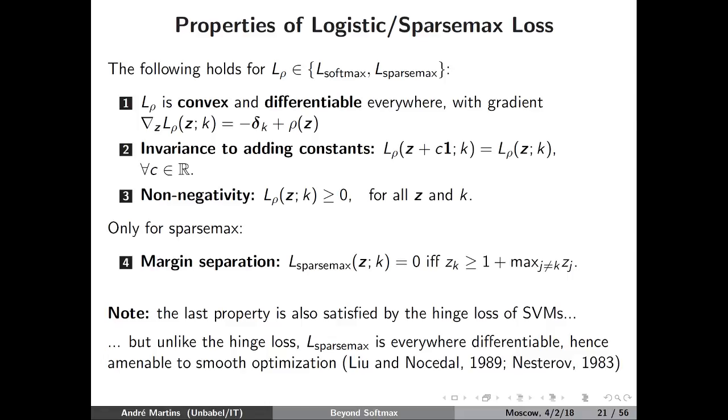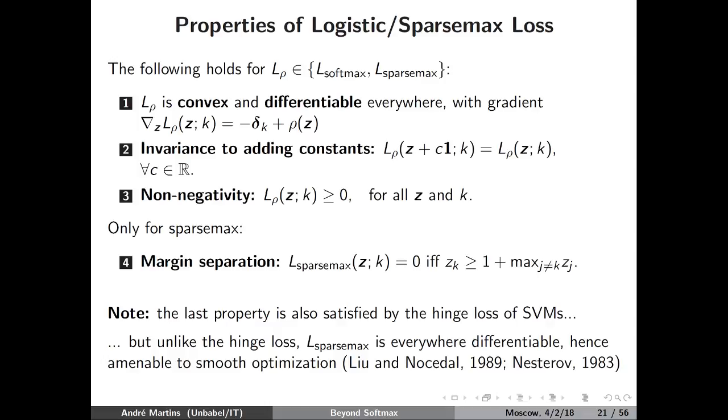For Sparsemax we also have an additional property that we were not expecting, but I find it very interesting: not only is the loss non-negative, but it's zero if and only if the score for the true class k is larger than the score of any other class by at least 1 unit of margin.